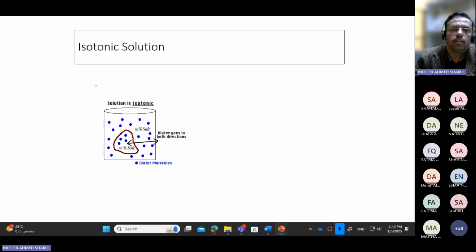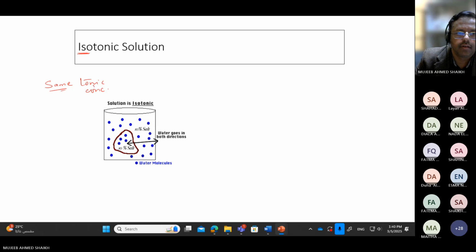The third condition is iso. Iso means same. Tonic means concentration. Isotonic means the same concentration outside the cell and the same concentration inside the cell. Let's say 300 here and 300 here.